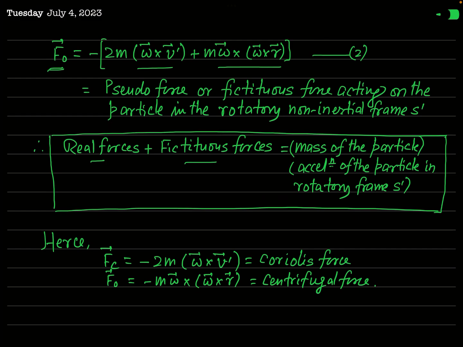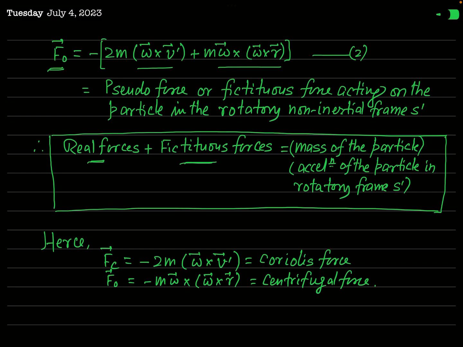And you have learnt already in the previous lecture that whenever we have to write down the equation of motion of a particle in a non-inertial frame, we write it in this manner. You have to add a fictitious force or a pseudo force to the real force, and then you have to equate that net force to the mass of the particle times the acceleration of the particle in the non-inertial frame. So this is a common fact for writing the equation of motion in a non-inertial frame, which we learnt in the second lecture of this lecture series.